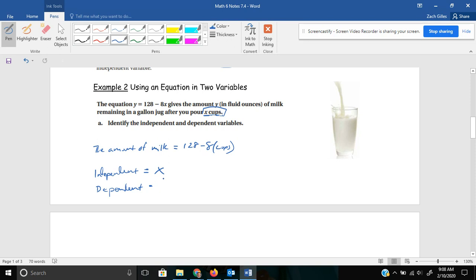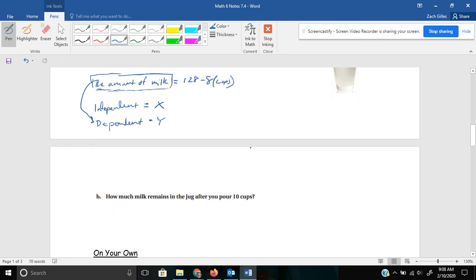So our y is the dependent, just like I said before, because how much milk you have in a gallon jug depends on how many cups you poured, if that makes sense. But just like what I said before, a lot of times your independent is your x. That's what's changing, and then your y depends on that.